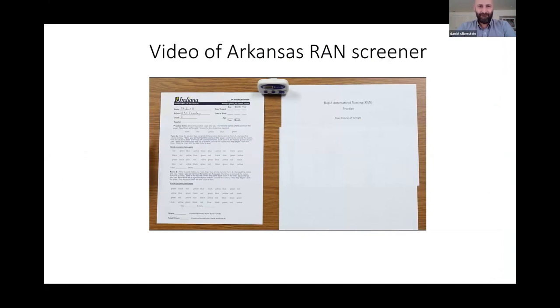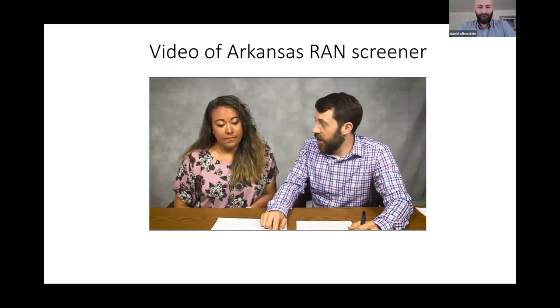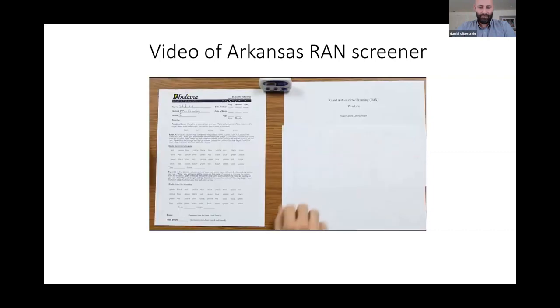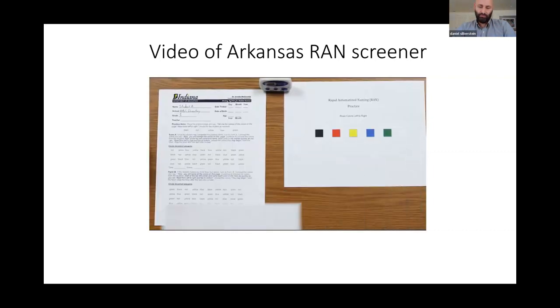When you are ready to administer the screener, place the practice form in front of the student. Do not show the colors to the student. Use an extra sheet of paper to cover the colors. Tell me the names of the colors on this page. Please read them left to right. Black, red, yellow, blue, green.